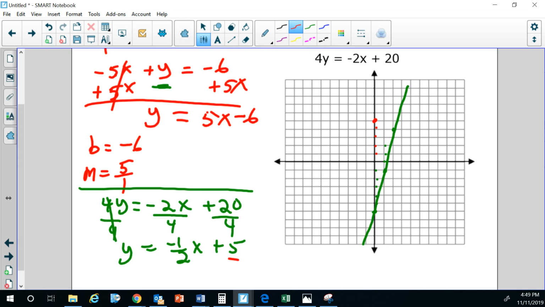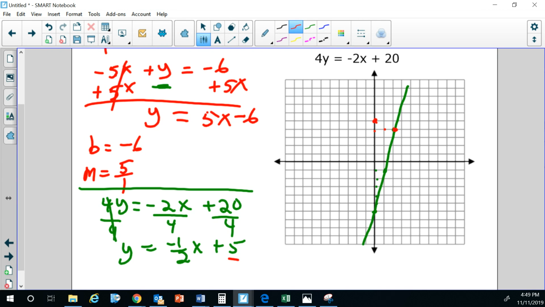That's my starting point. Now my rise and run, I'm going to go down 1 and run 2 to the right. Down 1 and across 2.